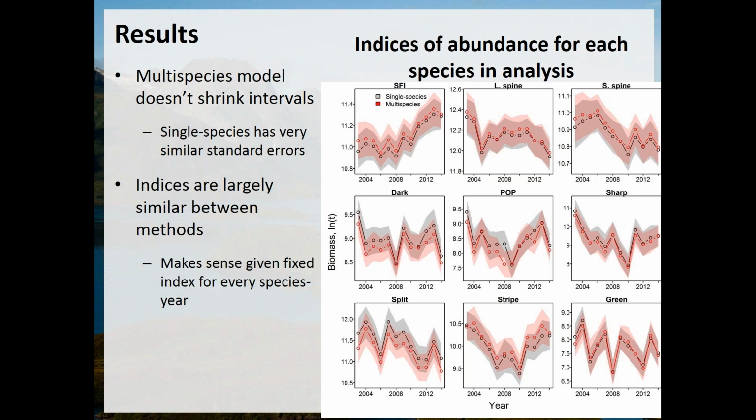And disappointingly, the standard error is not any smaller. Strangely, we're getting better predictive performance, but it's not actually improving precision for total coast-wide abundance, which is sort of a paradox. I think the multi-species model is having a faster decorrelation.